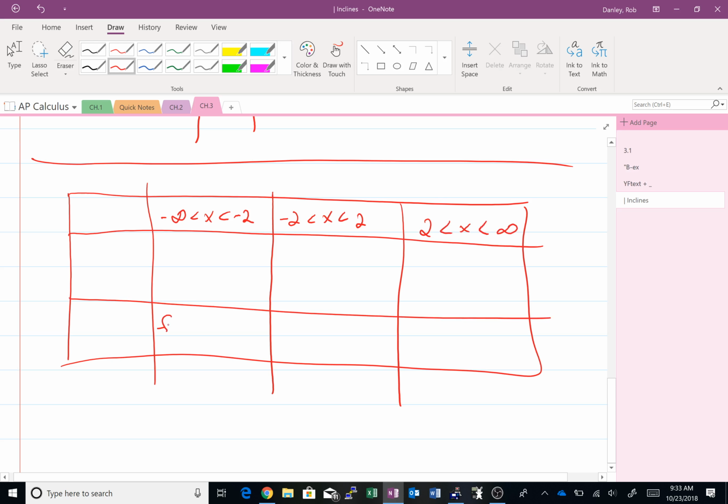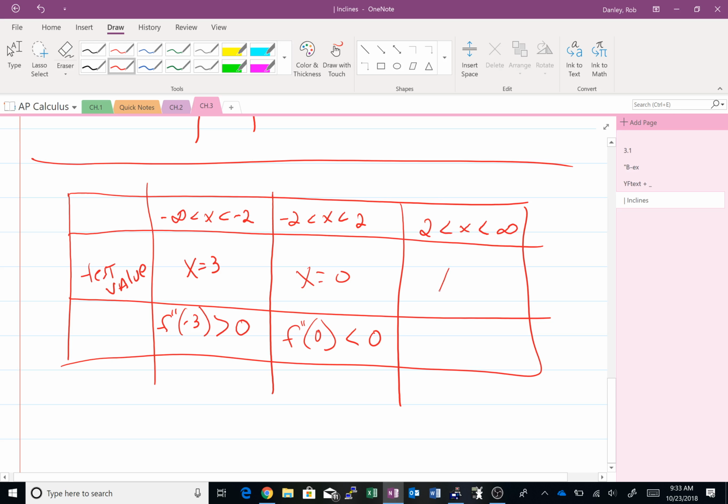The test value is x equals negative 3, and f double prime of negative 3 is greater than 0. Here my test value is 0, so f double prime of 0 is less than 0.